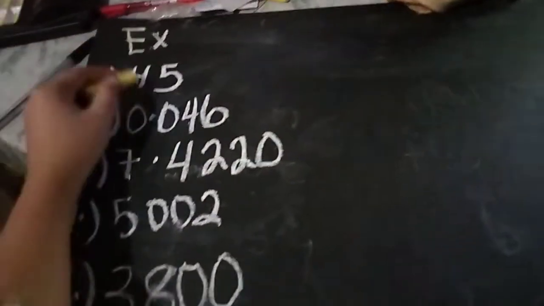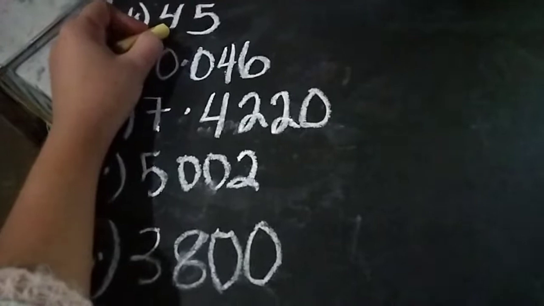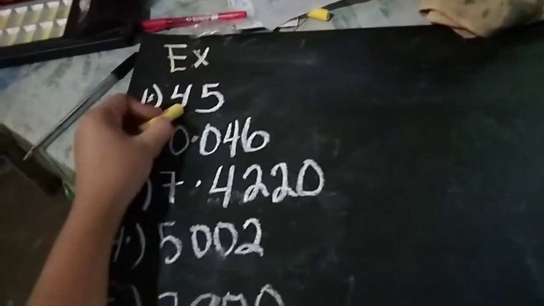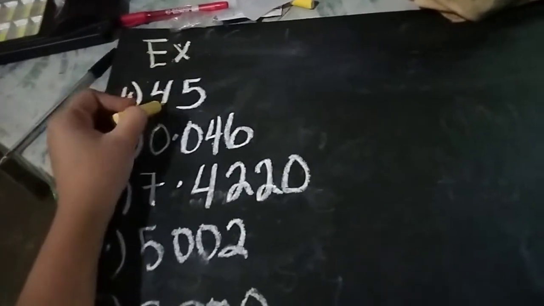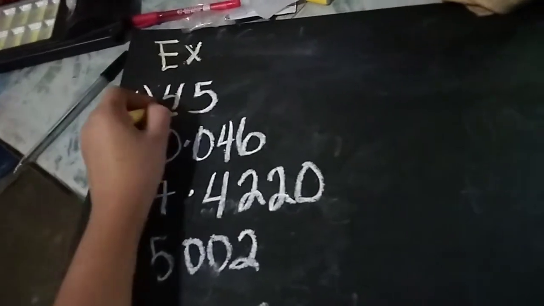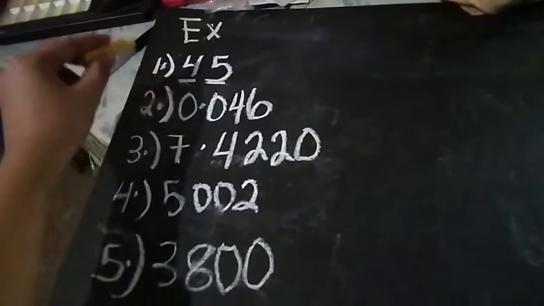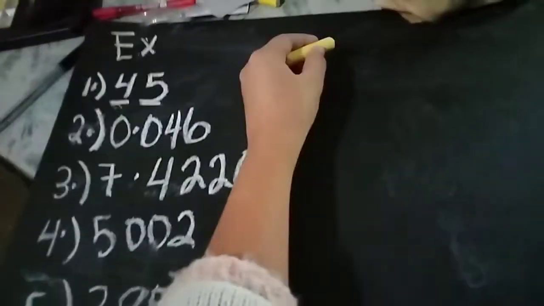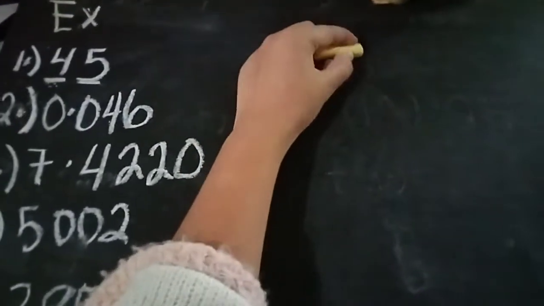Example number 1 is 45. In our first rule, non-zero digits are significant. In this example, there is no zero. So these are countable as 1 and 2. So example 1 has 2 significant figures.